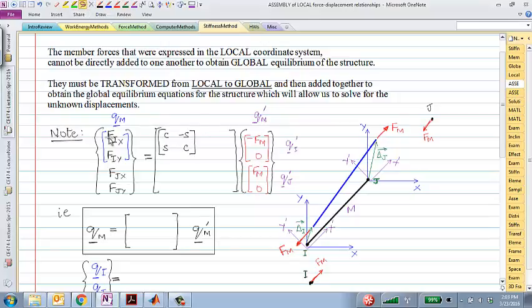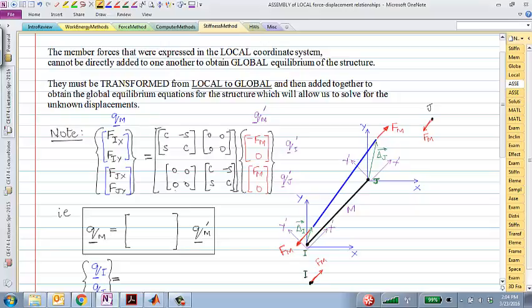And the forces at I do not depend on forces at J. So the other four numbers here would be 0. Similarly, if I look at the force components at J, then these two force components can be evaluated from these two force components, again by using exactly the same transformation matrix, cosine, minus sine, sine, and cosine. And since it does not depend upon I, these four numbers would be 0.